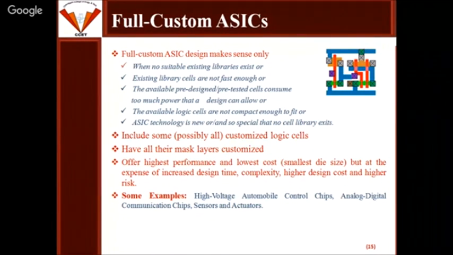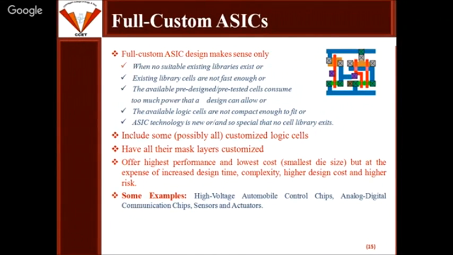The available pre-designed or pre-tested cells consume more power than a design can allow. It means the existing cells are using more power, or the available logic cells are not compact enough to fit, or the ASIC technology is new or so special that no cell library exists.